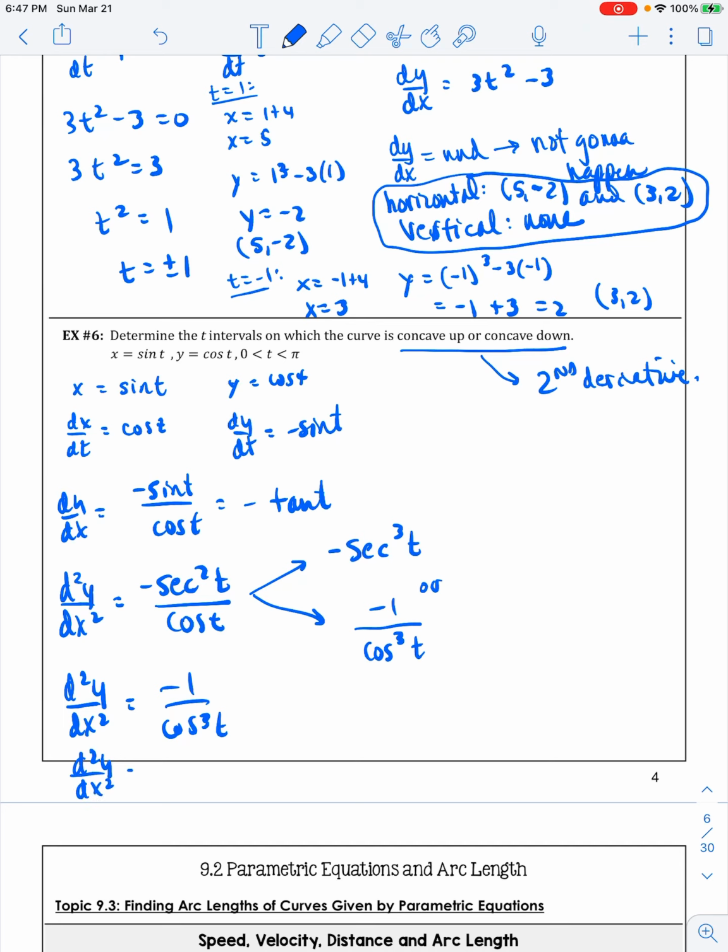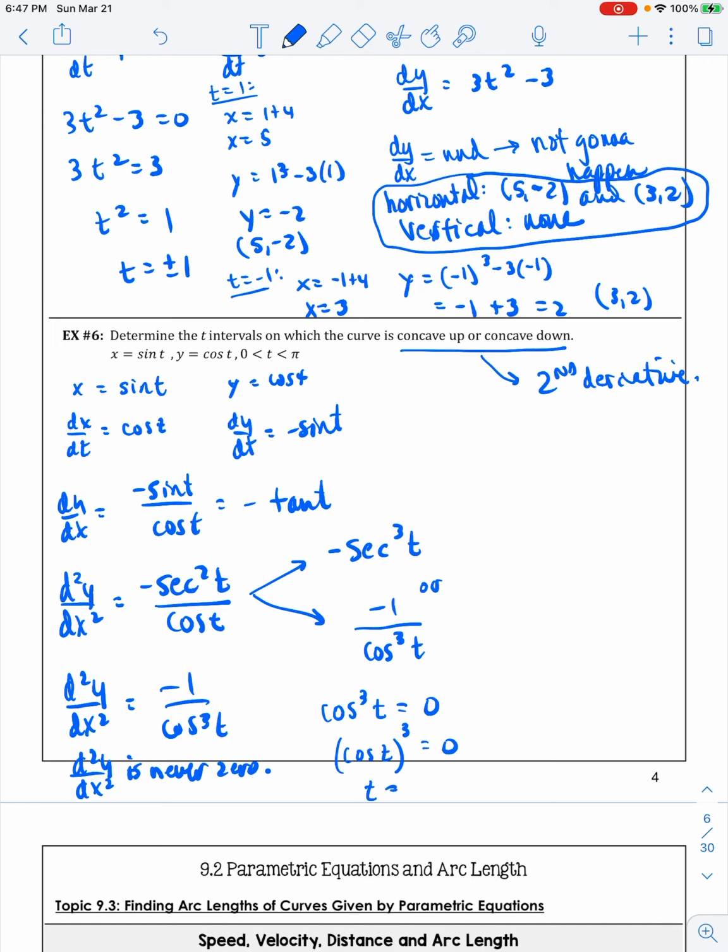It is never 0, because whatever makes your numerator 0 would make it 0, and negative 1 will never be 0. To see what makes it undefined, I'd be looking at what makes the denominator 0. You're basically looking for what values of t make the cosine 0.